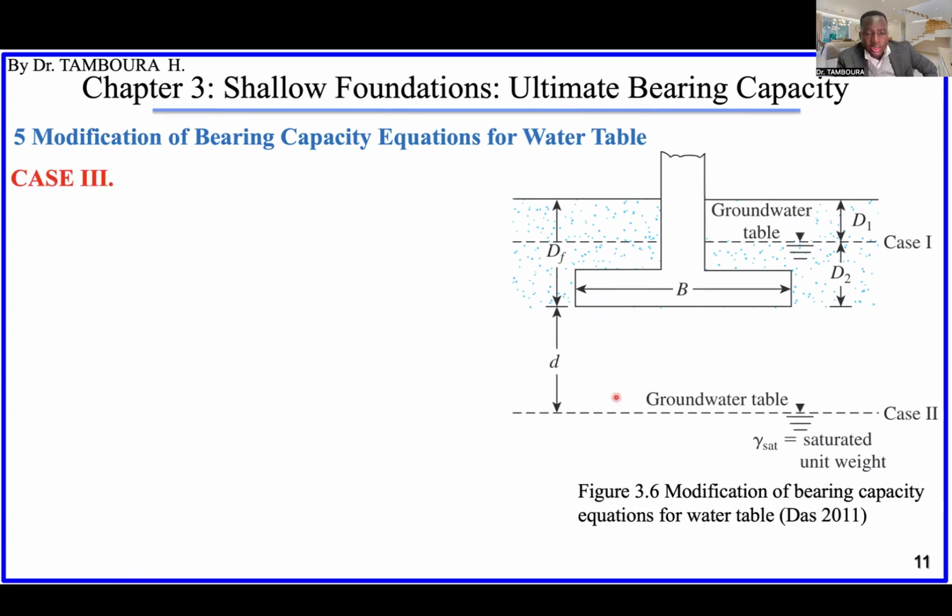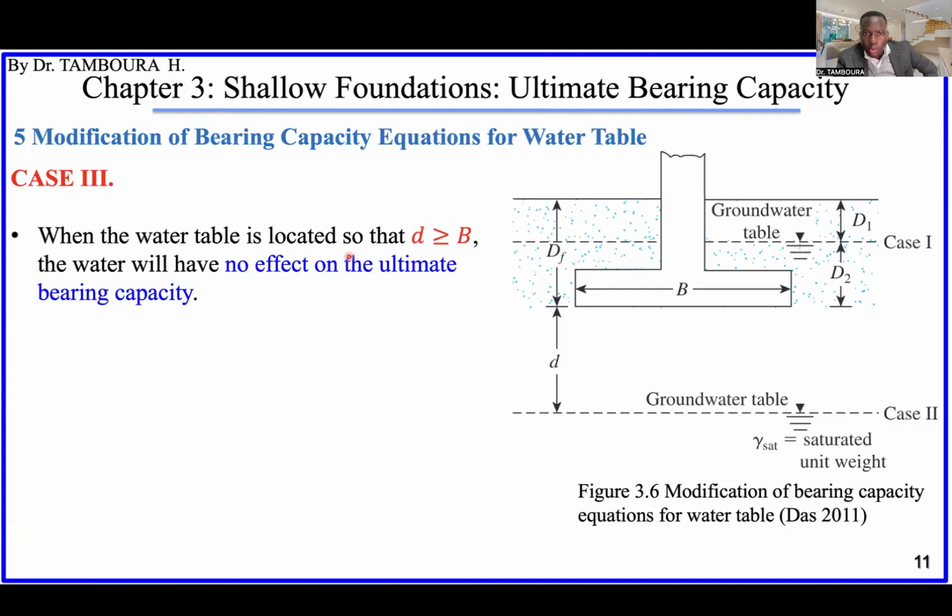So case number 3, when the water table is located so that D is strictly larger than B, larger than the width of the foundation. In that case, we will consider that there is no effect on the ultimate bearing capacity. So that will be all for this.